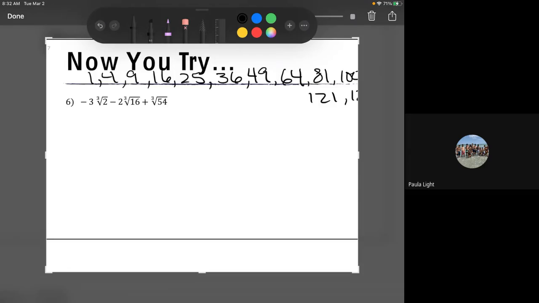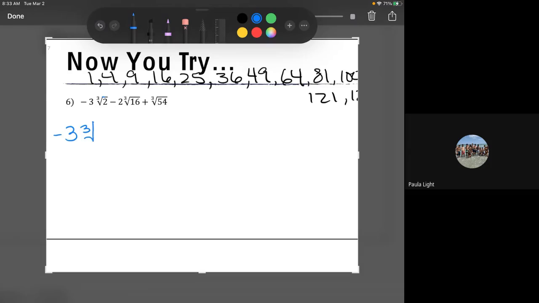I'm going to work that one first. How would you tear apart 16? Say it again. That's a perfect square. Yes. Yeah, 16 is a perfect square. So, okay, that's easy.